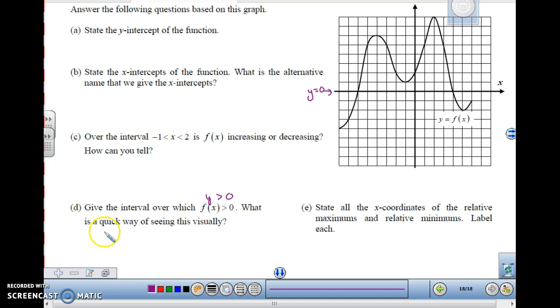We would look where the function is above the x-axis, because that's where y is equal to 0. If it's above it, it would be greater than 0. So any value that falls above the x-axis. So it would start here and it would end here.